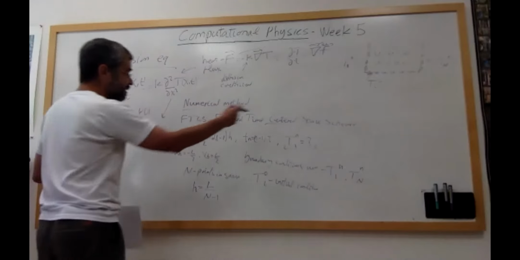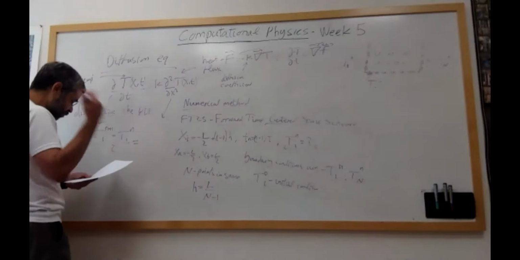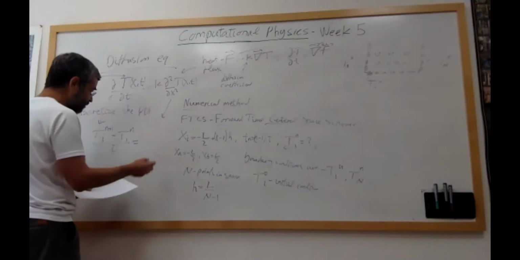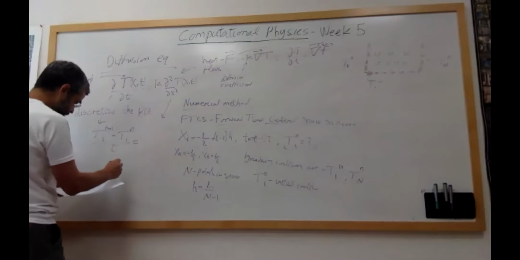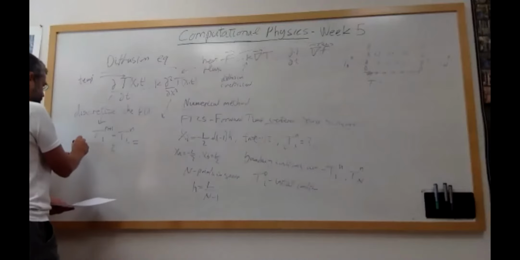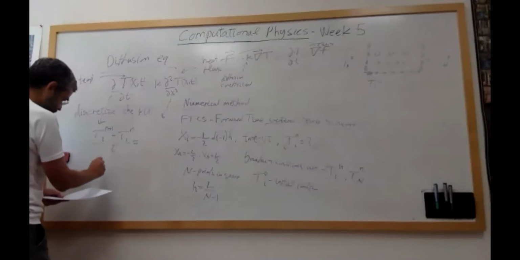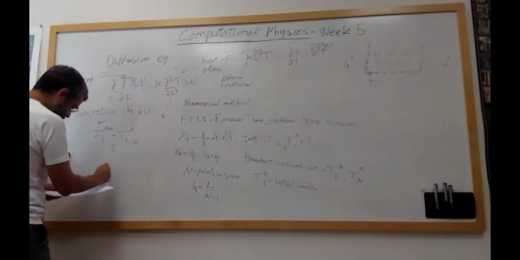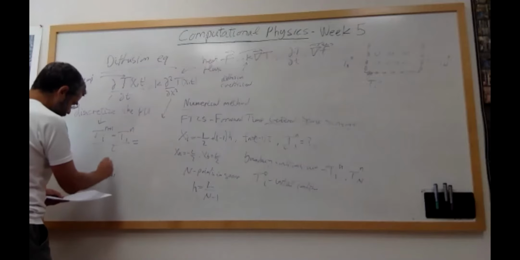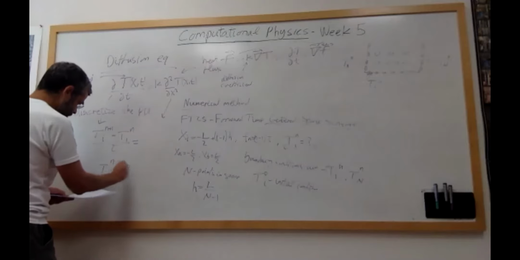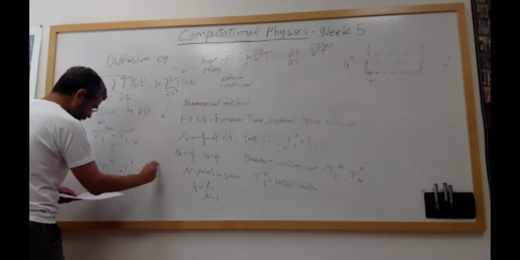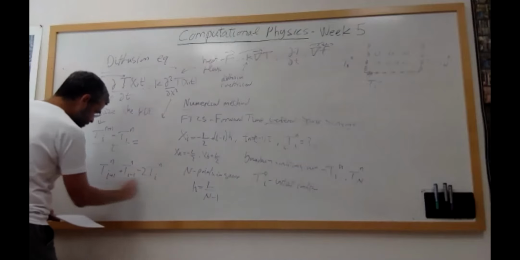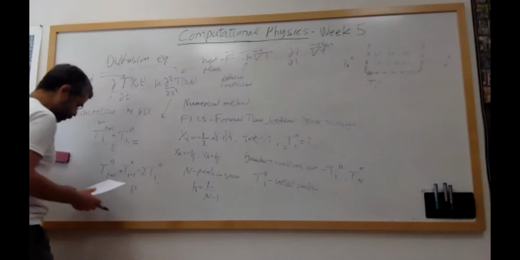Here we use the centered space scheme, which, to remind you, the second derivative is, let's write it here, it's T I plus 1 n plus T I minus 1 n minus 2 T I n divided by h squared.